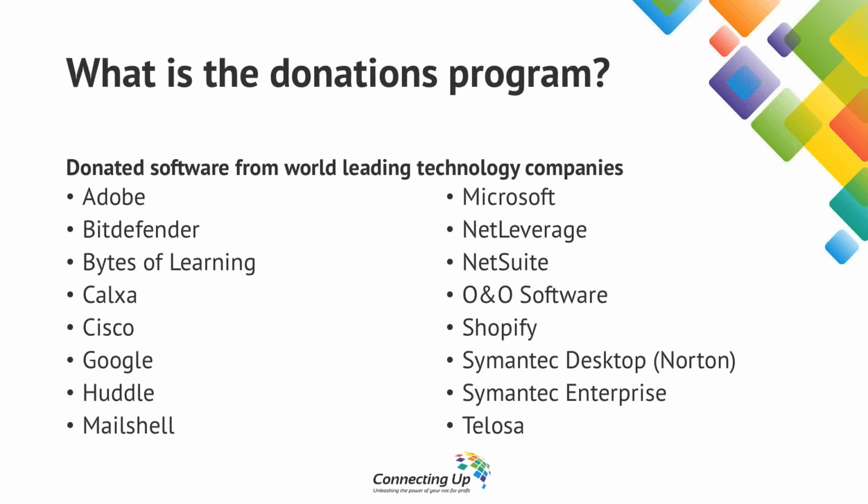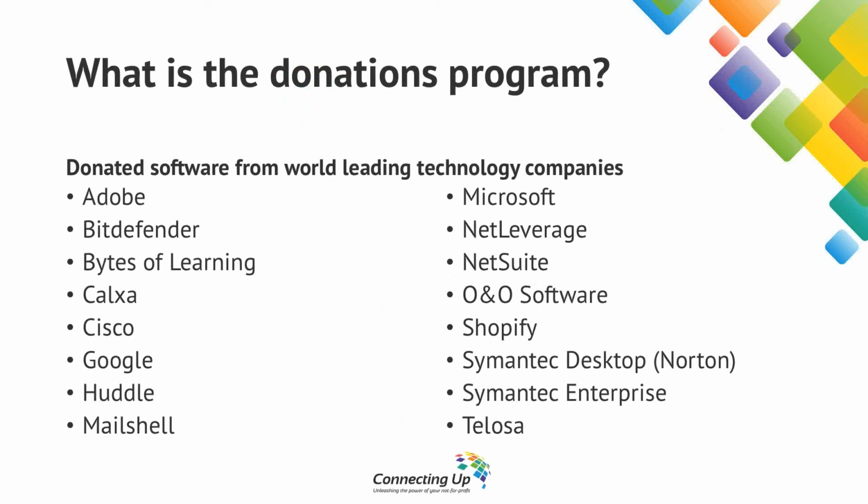Technology companies such as Microsoft and Symantec are donating their products to not-for-profit organisations so that the not-for-profits can spend their money on service delivery instead of IT equipment. And each of our donor partners offers a generous amount of software that each organisation can request, and in some cases we can assist you with any extra that you may need. Best to get in touch with us direct about that.